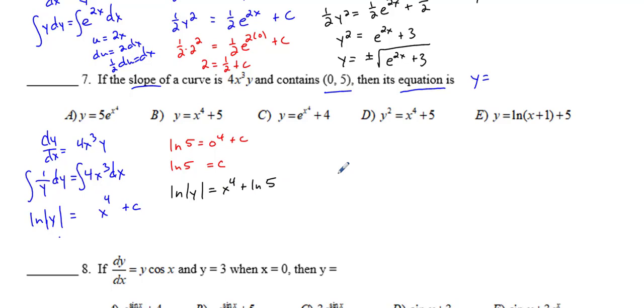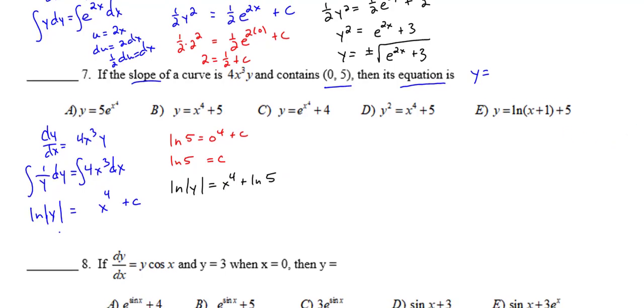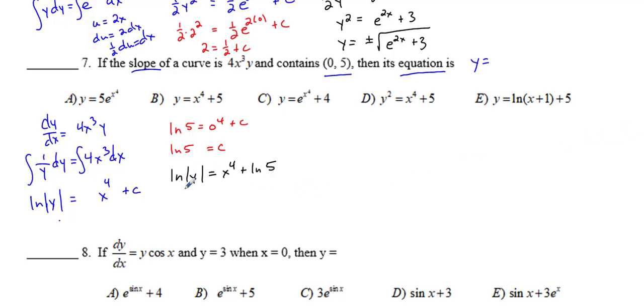All right, now we need to solve for y. That means we've got to get y out of the natural log function. The only way to do that is to convert to an exponential, or raise everything to the power of e on both sides. So it'll be e to this equals absolute value y.